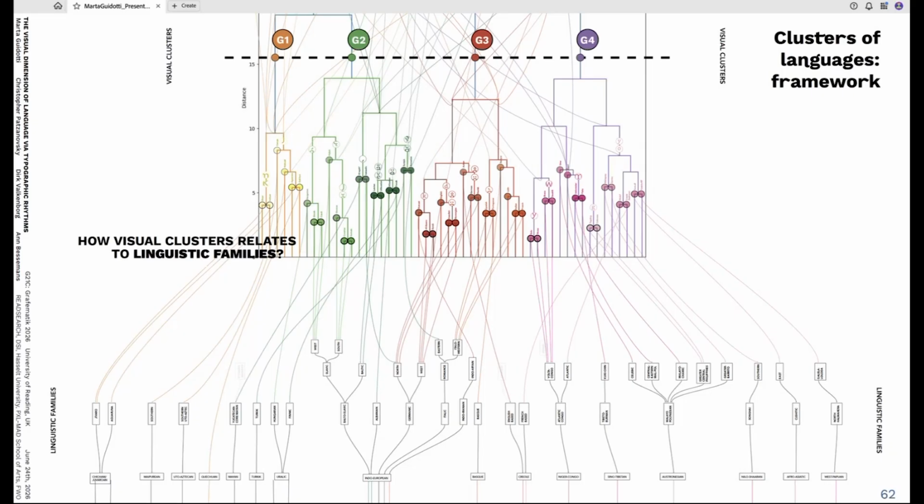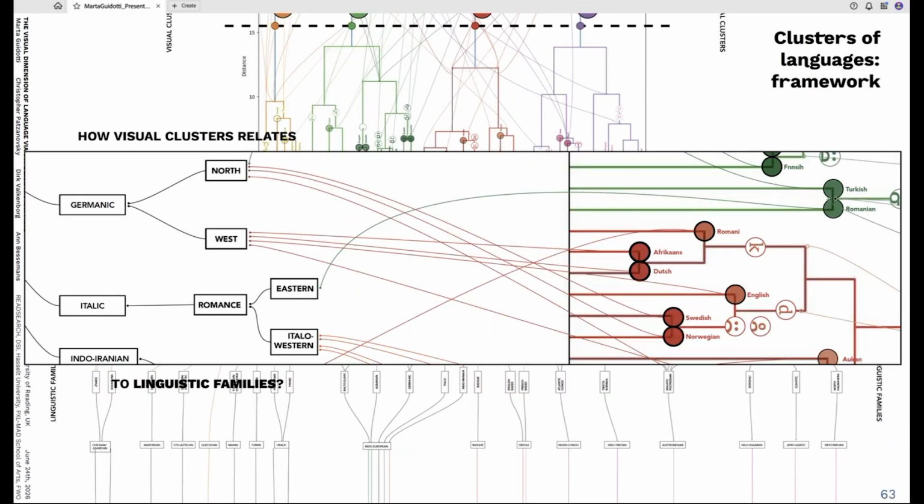Another way that we can understand the clusters inside this bigger framework that we are working in is the relation that the visual cluster system that we are presenting has with, for example, linguistic families. Here is an example that we can see that the method that we have used is based on the visual features.